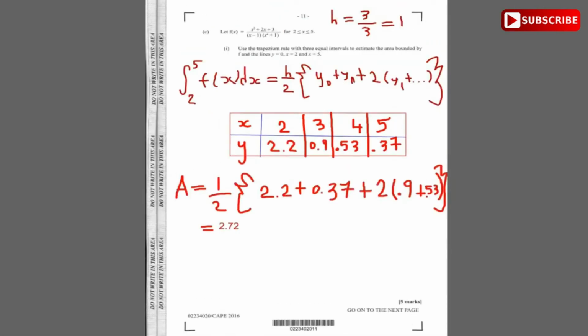F of x is x squared plus 2x plus 3, being divided by x minus 1 times x squared plus 1.